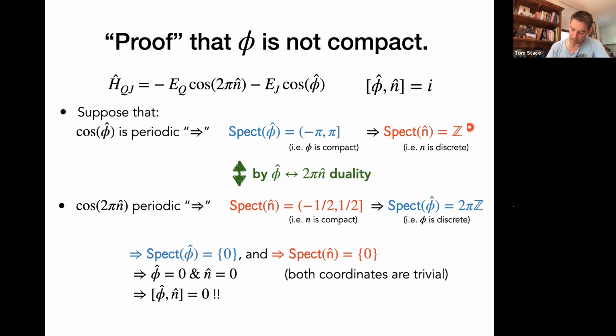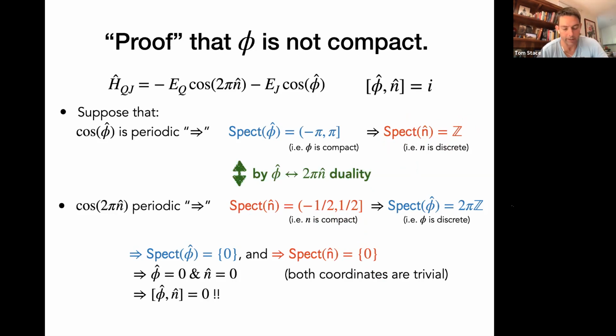And similarly, if I take the red statements, the spectrum of n is z, and the spectrum of n is in the interval -1/2 to +1/2, then the intersection of those two sets is also 0. And so I see that the spectrum of phi and the spectrum of n must just be trivial. It's the set 0 for each of them.